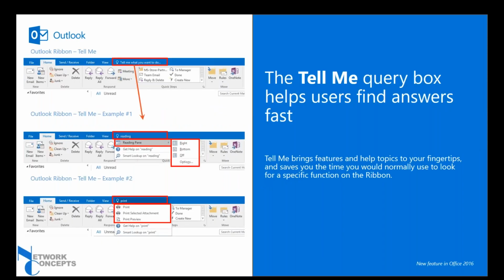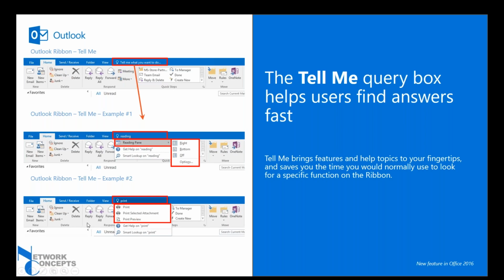So the first thing I'm going to talk about is the Tell Me feature. This is located on the top of your screen, right up there. This feature presents commands and options for pretty much everyday tasks. You can save time just by using that instead of using the Outlook ribbon. I have a few examples here, but let's look at this bottom one.